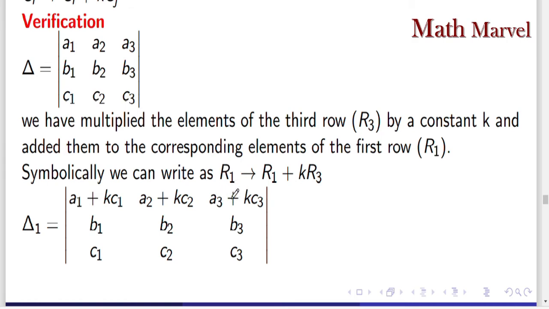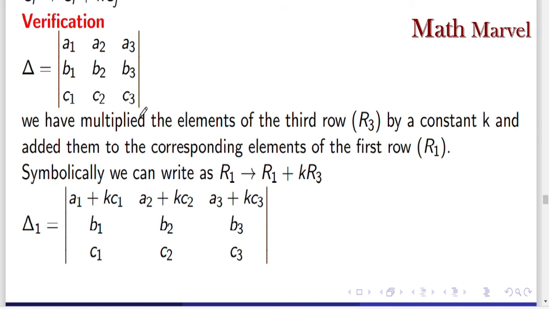So what is the meaning of this symbolic representation? Each and every element of row 3 is multiplied by k and added to row 1, so we get a new row R1. Now row 3 is multiplied by k, so we have kc1, added to the first element. So what do we get? a1 plus kc1. Again the second element of row 3 is multiplied by k, so we have kc2, and add it to a2, so we have a2 plus kc2.